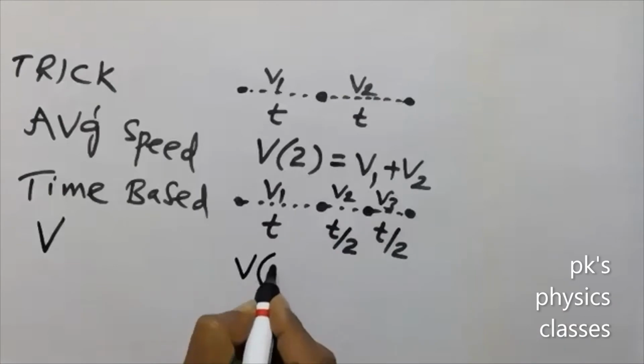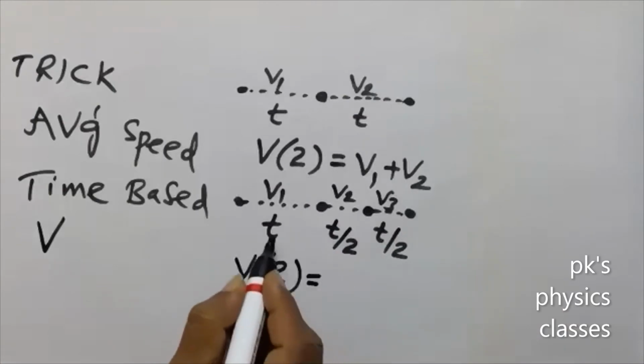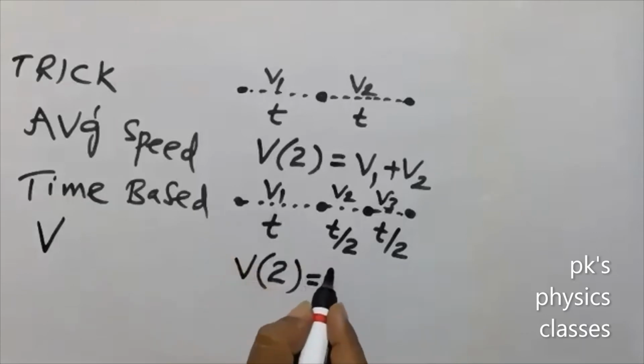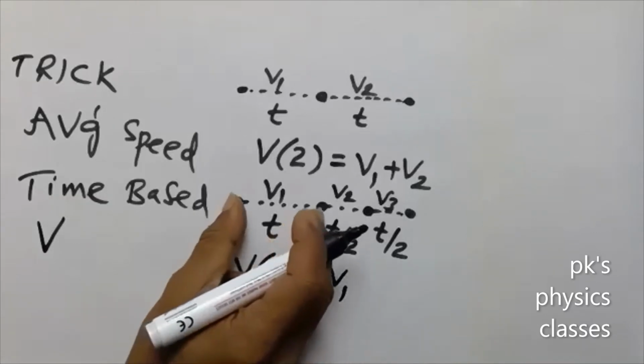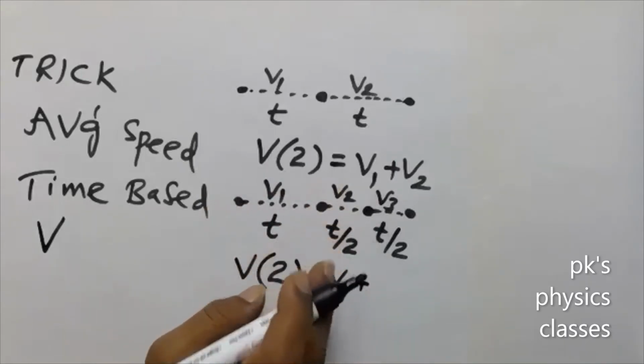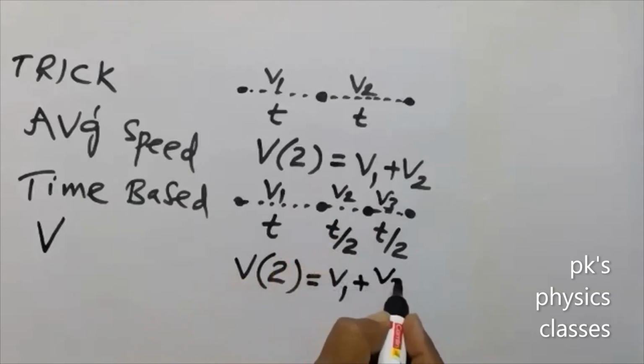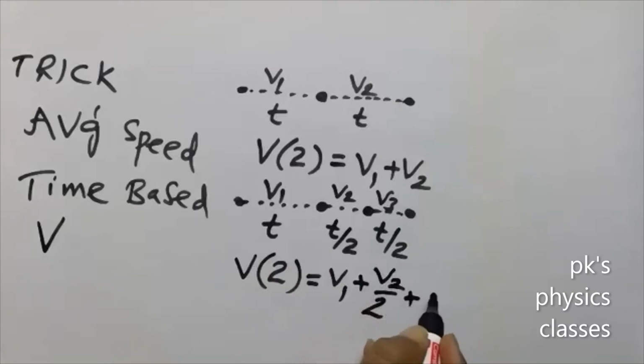So I can write this way: v into 2 is equal to v1, because in this duration v1 is the speed, plus here how many t's are there? Half t's are there. So v2 by 2, half of v2, plus half of v3. If you do this way, you will get the average speed.